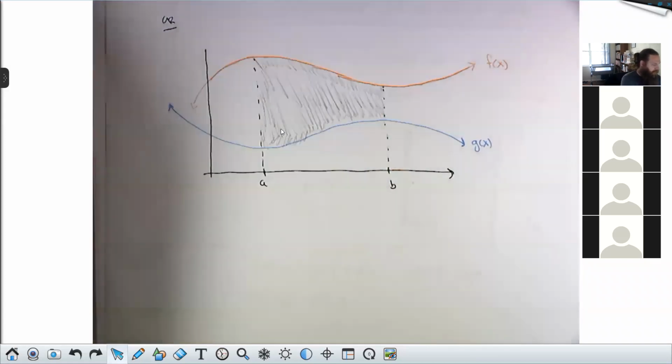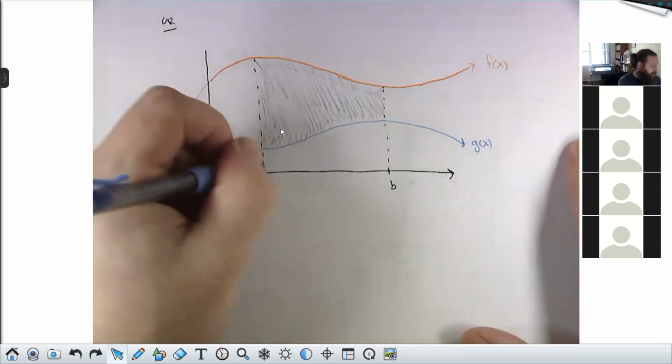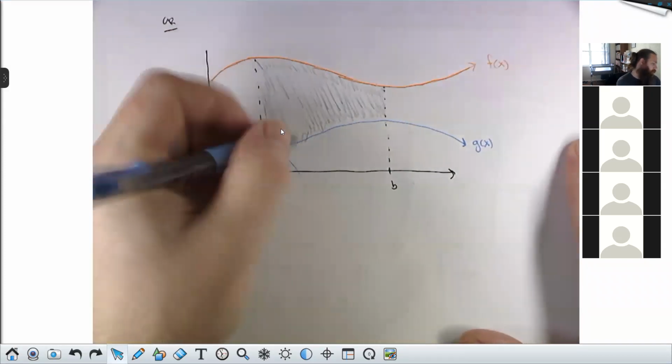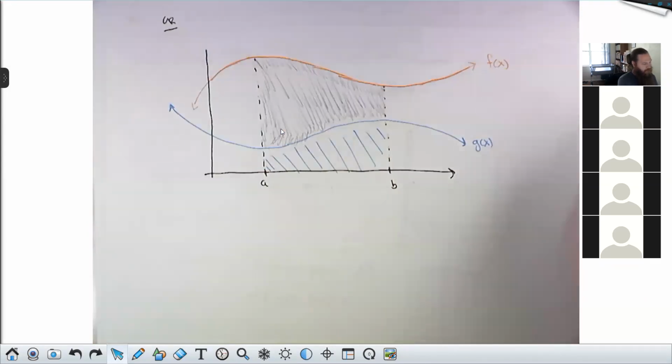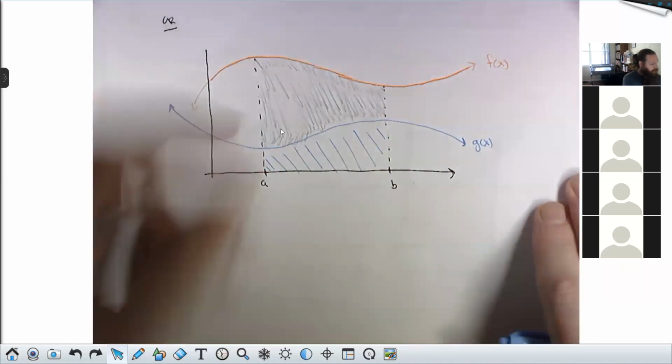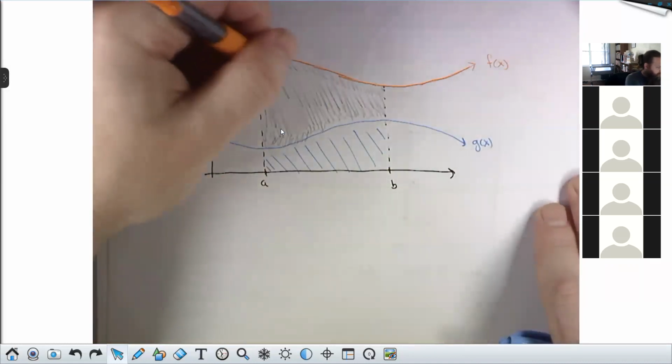So I'll shade first the area under the blue function, and I'll shade that in blue. And then I'll shade up here the area under the orange function.